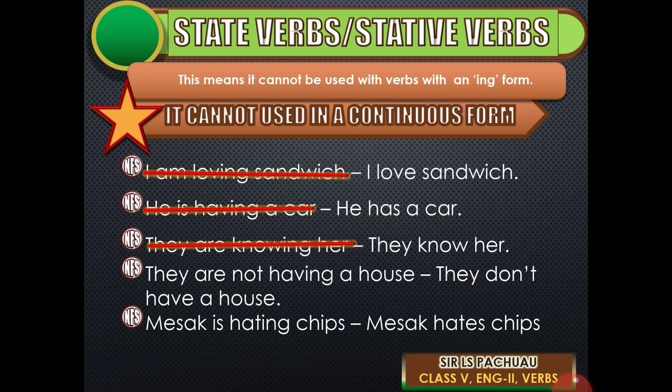They know her. Understand? They don't have a house. Misak hates chips. Please try to remember this, because it's very easy to use this kind of words, so try to avoid this.